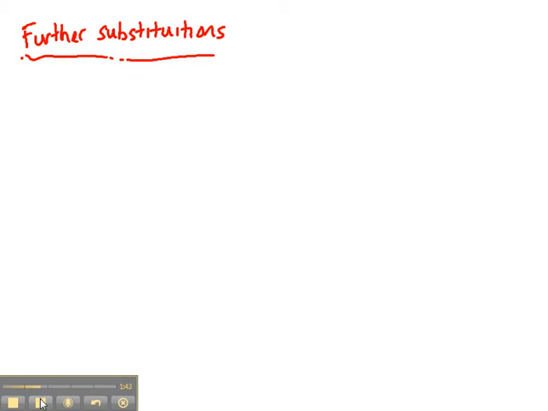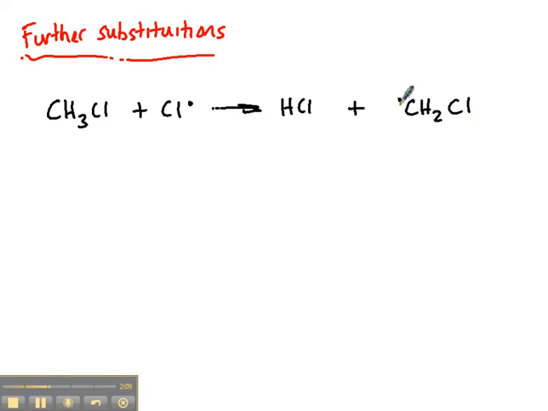On the previous page, we generated a chloromethane. There is nothing to say that that chloromethane, say for instance CH3Cl, cannot react with another chlorine free radical, and in this instance what we might get is hydrogen chloride again plus a CH2Cl radical there.